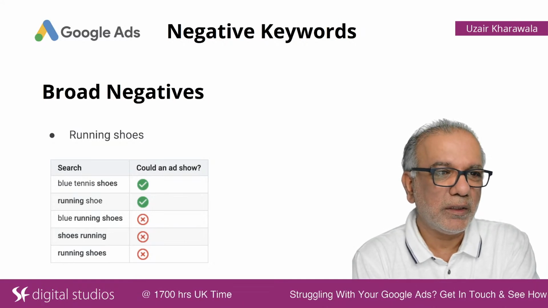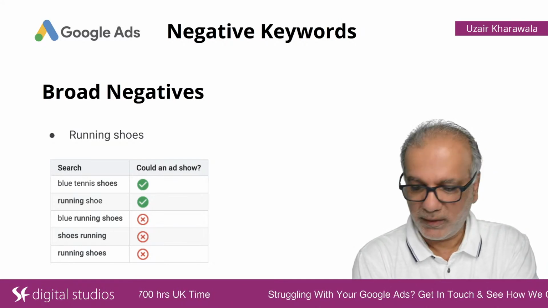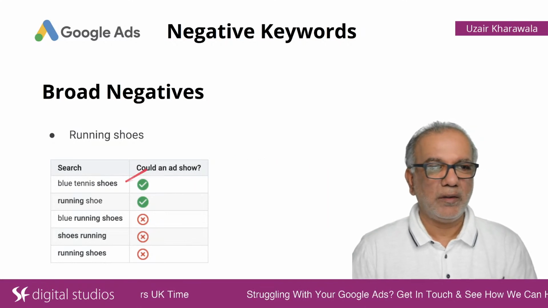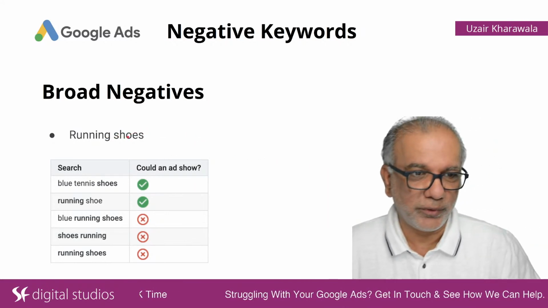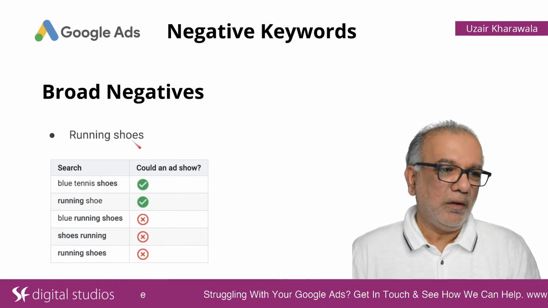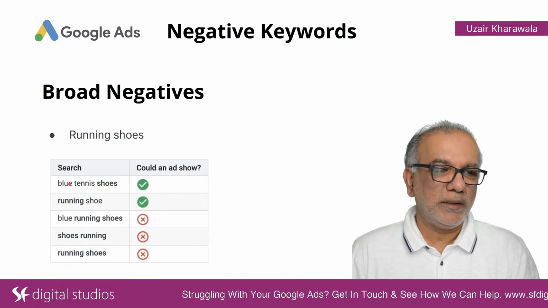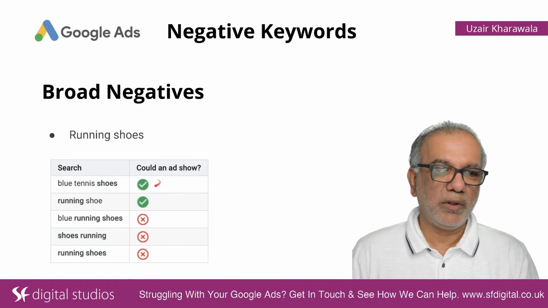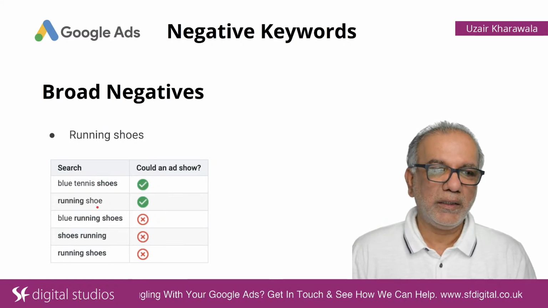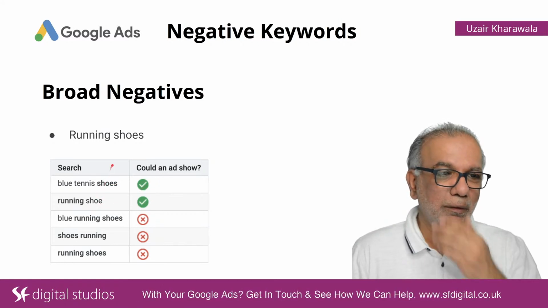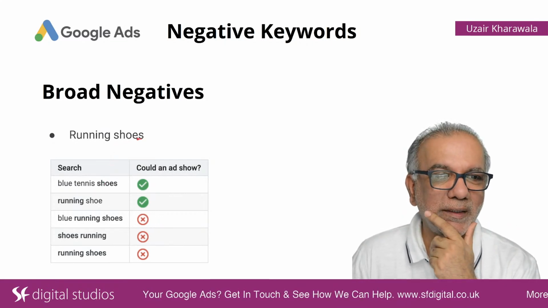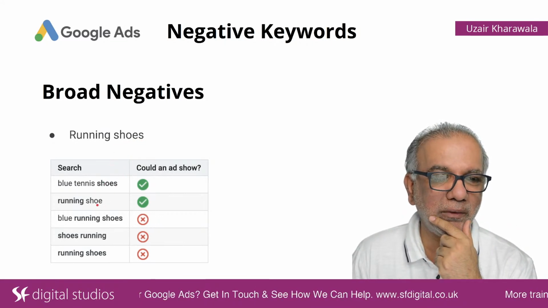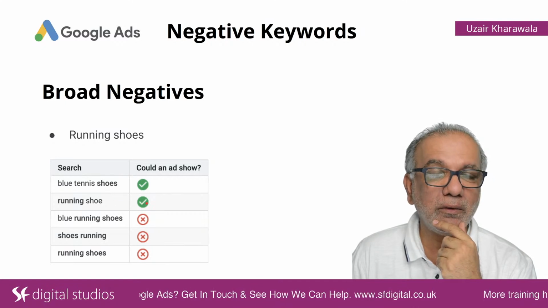So let's start with the broad negatives. Let's say the negative keyword is running shoes. If somebody puts in blue tennis shoes, the ad will show. Running shoe, it will show. Now see, this is a singular and that was a plural, so it is going to trigger that ad.